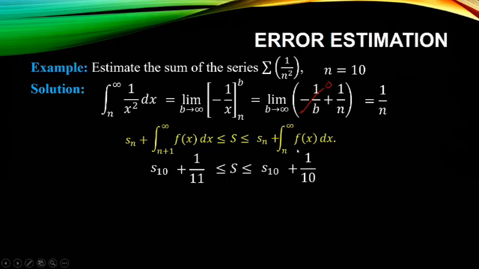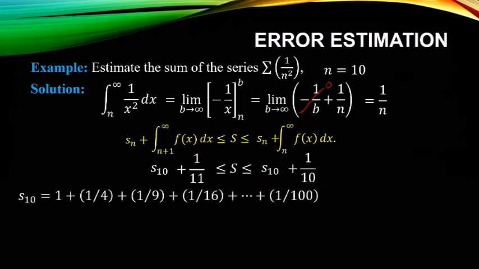So the integral of f of x dx from n up to infinity is 1 over 10, given that n is equal to 10. Okay, next, s sub 10 is equal to 1 plus 1/4 plus 1 over 9 plus so on until you have 1 over 100.